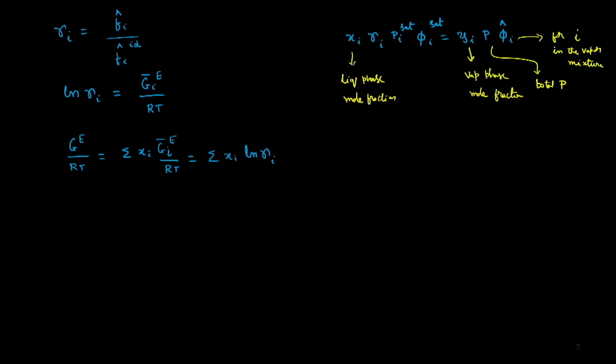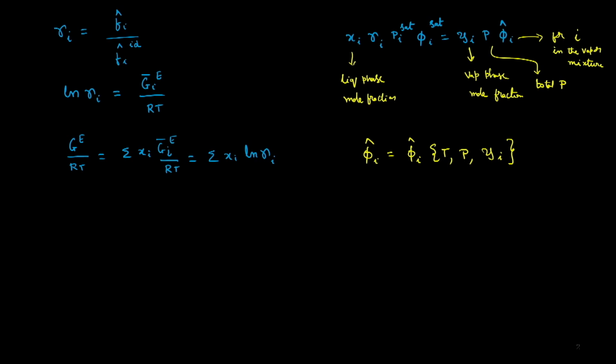So if I were to write the functionalities for the vapor phase, this will be a function of the temperature T, the pressure P, as well as the mole fraction y_i. I can use any suitable equation of state, be it virial equation of state or a cubic equation of state, to obtain the vapor phase fugacity.